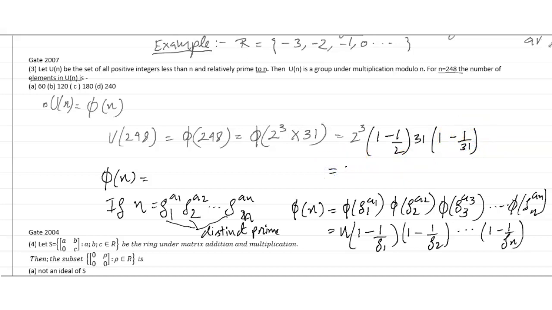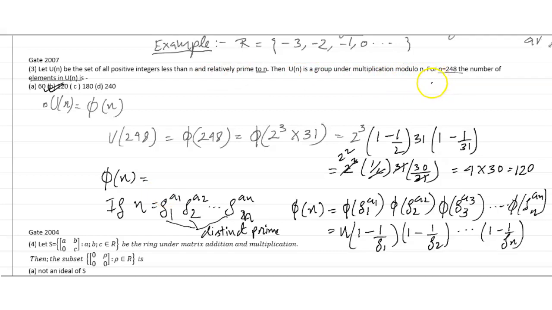Whatever I get, friends, I get 2 cube into half into 31 into 30 by 31, and 31 cancels. I also get this portion 2 square. So 4 into 30 means 120. So my answer is 120.